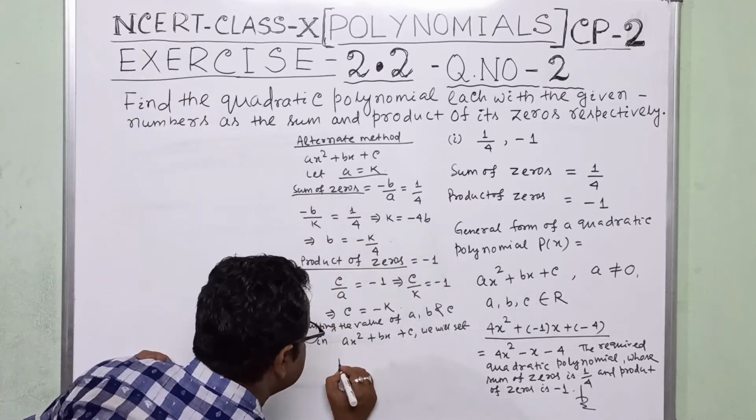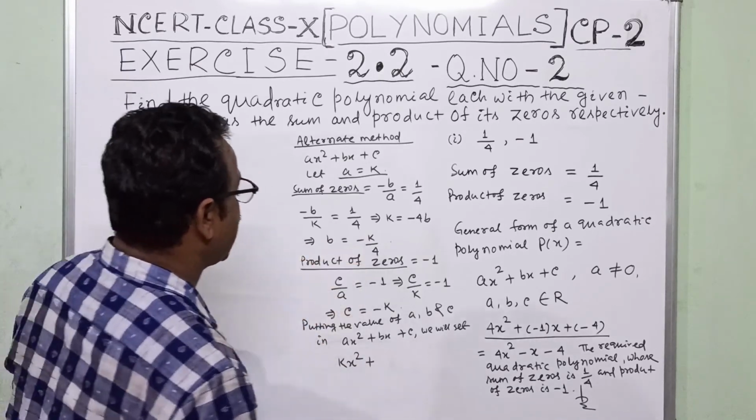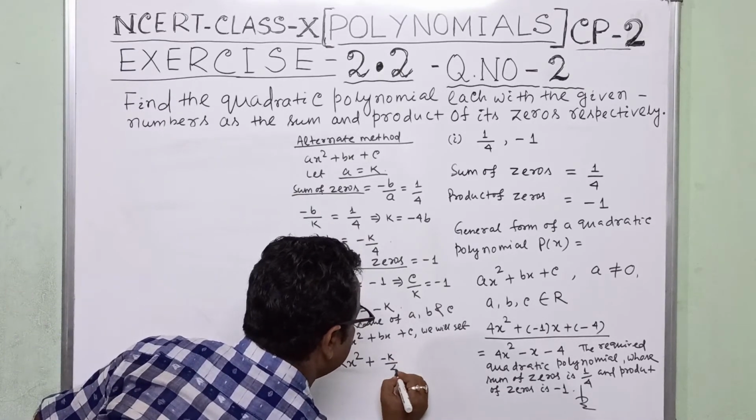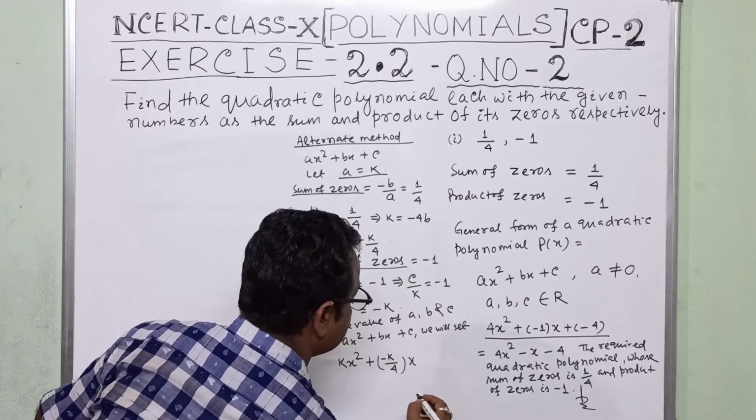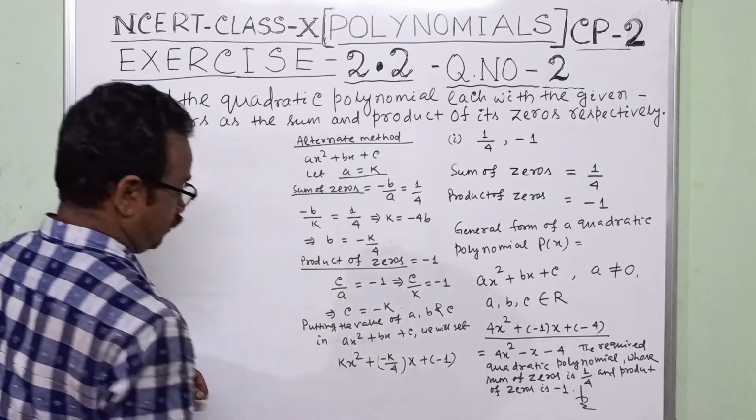Now a is k x square plus b is how much? Minus k by 4 into x plus c is how much? Minus k.